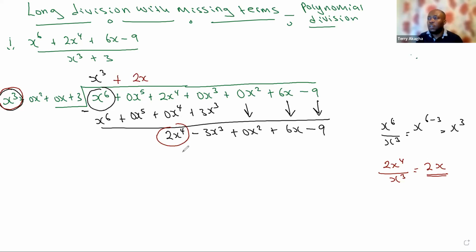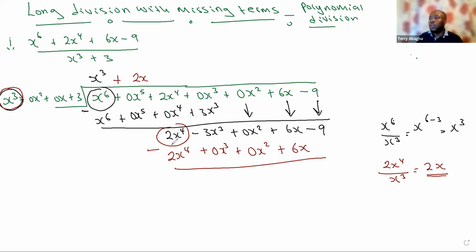You multiply. It's going to give you 2x^4 plus 0x cubed plus 2 times 0, which is 0x squared. Then 2 times 3 is going to give you 6x. Then you subtract.